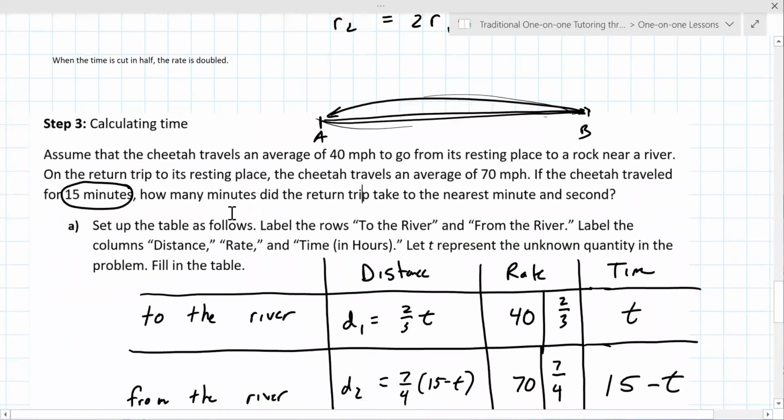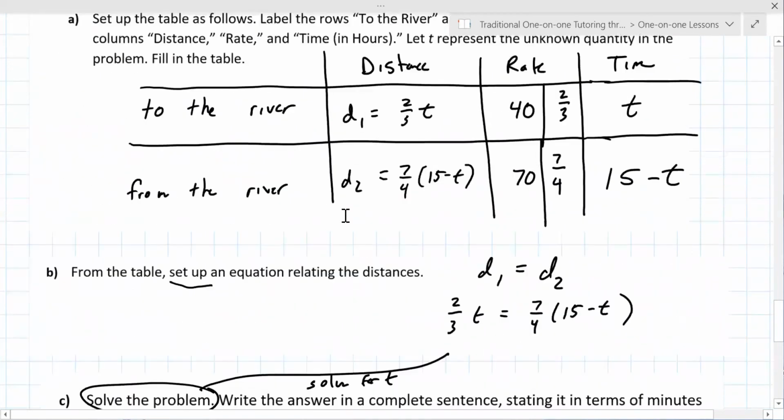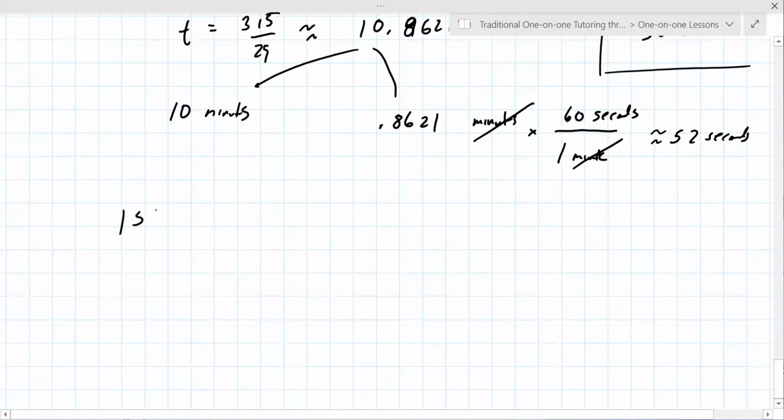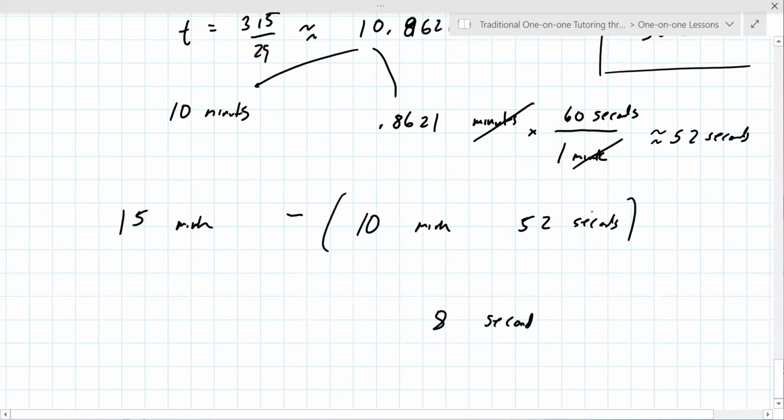It actually wants to know how much time did the return trip take. So this problem actually wants the other one. So we have to subtract this from 15. So 15 minutes, and this is the oddity of our system, 10 minutes and 52 seconds. If you add 8 seconds to it, how many minutes does this get us up to? Oh, that gives us 11. 11.